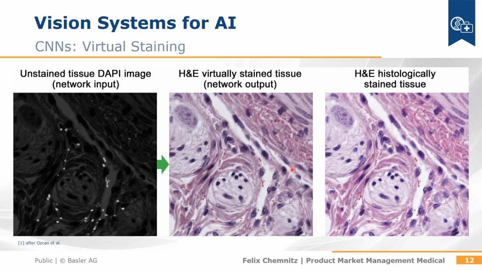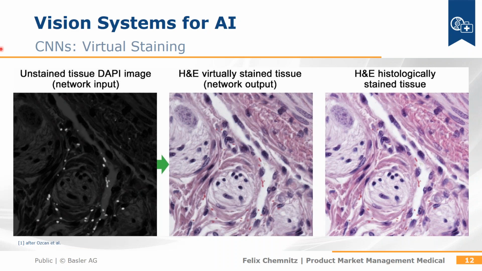If you have a look at it, it looks a little bit different, but the results are so good that a pathologist can use this virtually stained image to do his diagnosis. What this means: from the unstained tissue to the H&E stained tissue, it would take about 45 minutes of work for a biologist or chemist to do the staining.